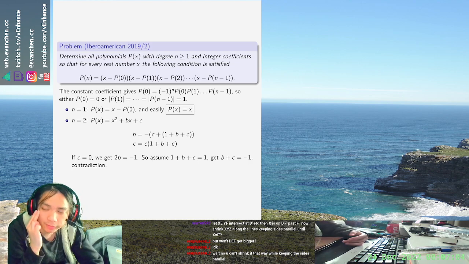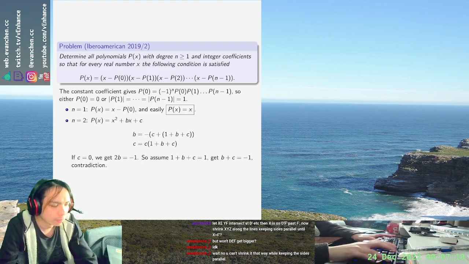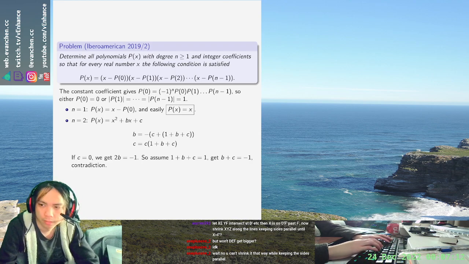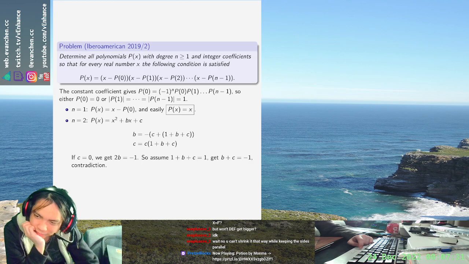I want to see if I can at least rule out p0 equals 0 pretty quickly. So if p0 equals 0, actually that might not rule out so quickly. Do I do the cubic case by hand as well, or can I? Oh, see, p0 equals 0 just doesn't actually rule very much out.